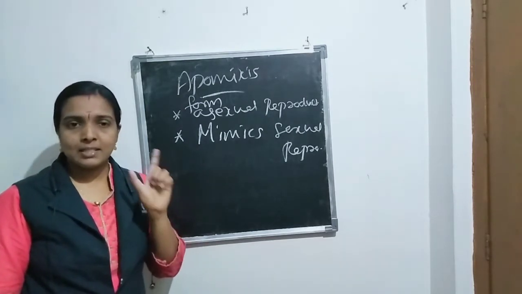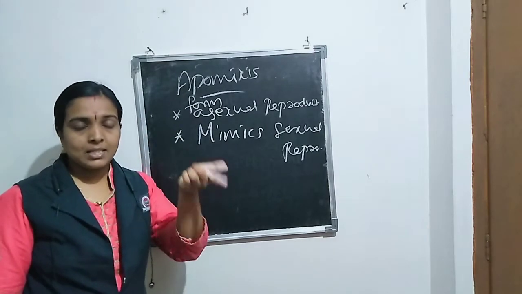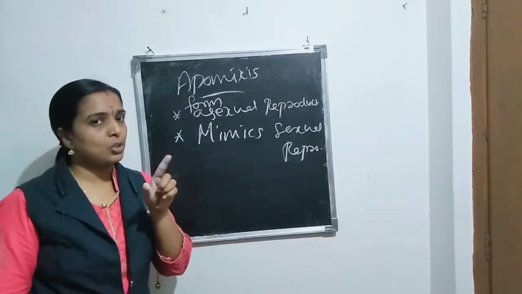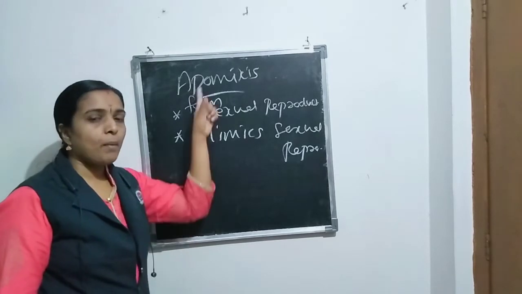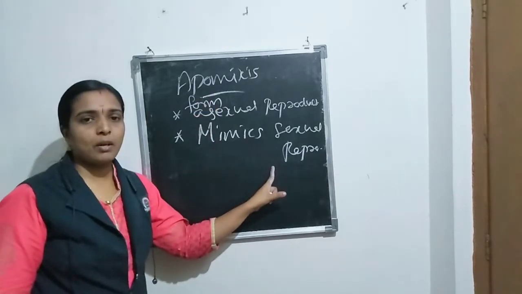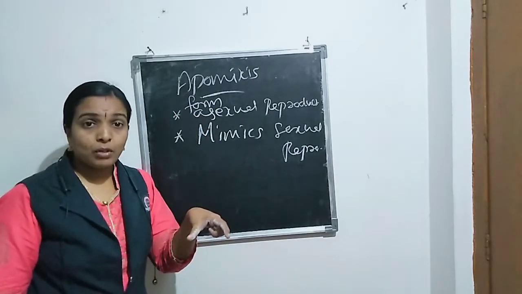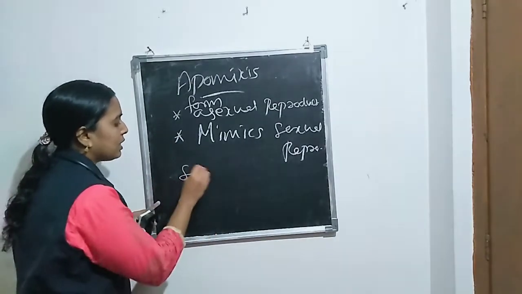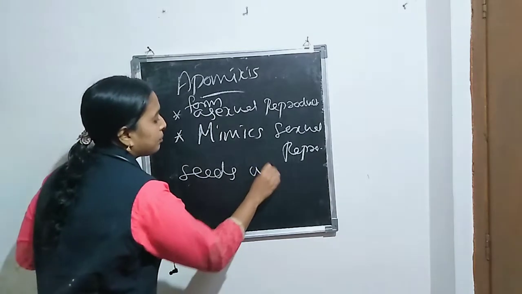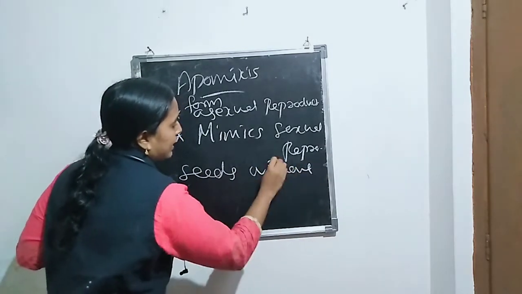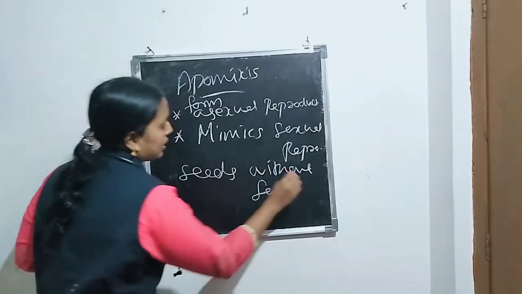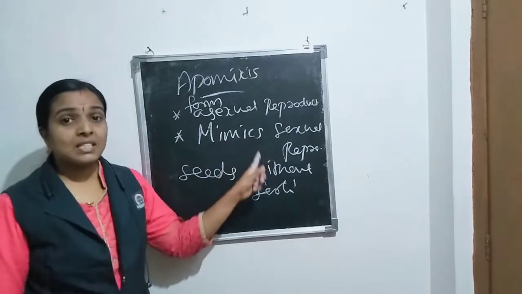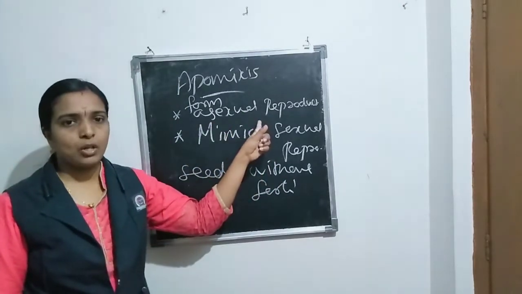What are seeds? That we already discussed. Seeds are the products of sexual reproduction. That's why apomixis mimics sexual reproduction. There is production of seed, but there is no fertilization. Production of seeds without fertilization.